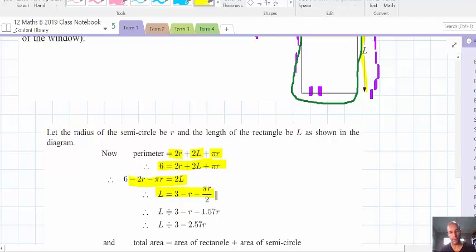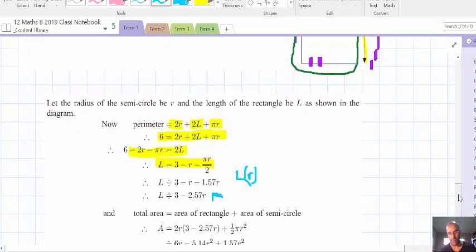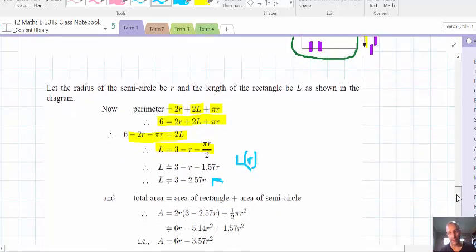So to get 2L, we can rearrange and then divide through by 2, and we've got a function of L versus R, which is going to be handy here. So we have L versus R, the function L of R. Using decimal approximations, we've basically got that relationship.